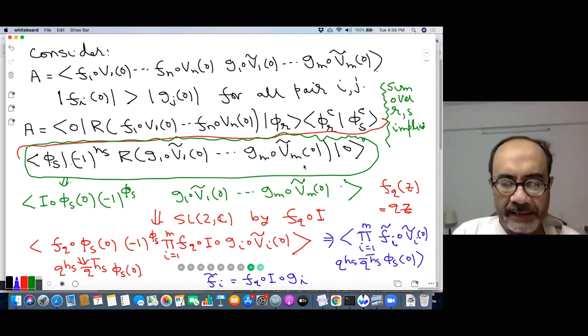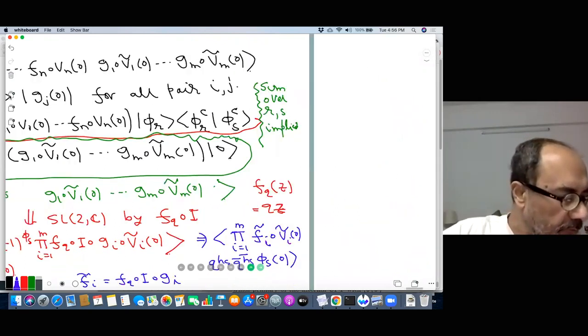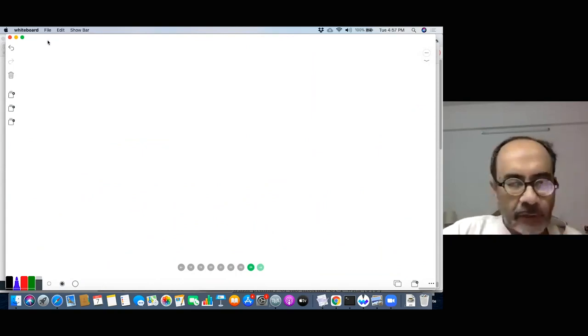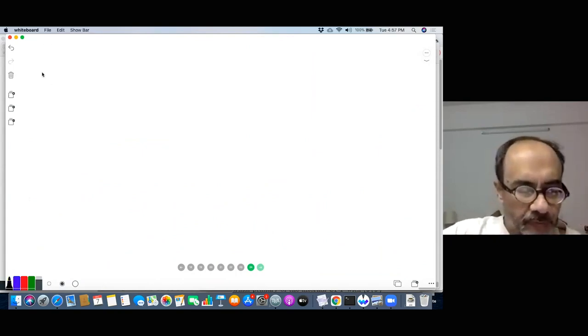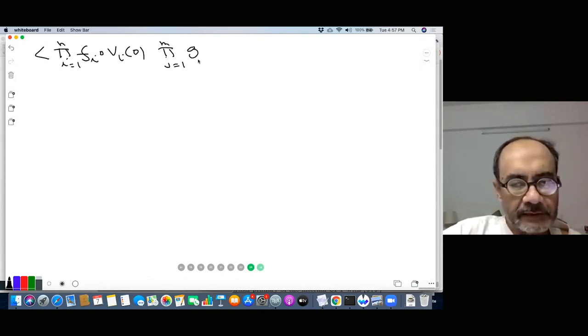So I'm going to write down in the next slide the relation that we have obtained so far. What we have seen is that we started with product over I, fi dot vi of 0, product over j, I equal to 1 to n, j equal to 1 to m, gj dot v tilde j of 0.